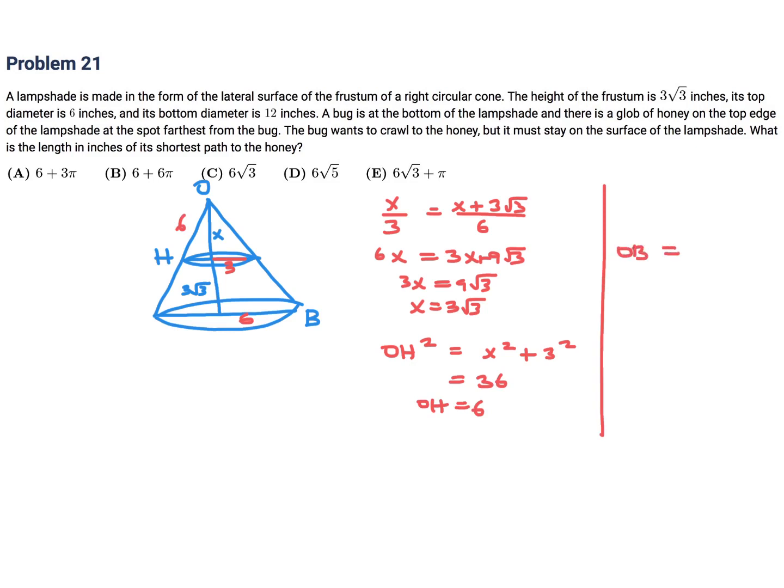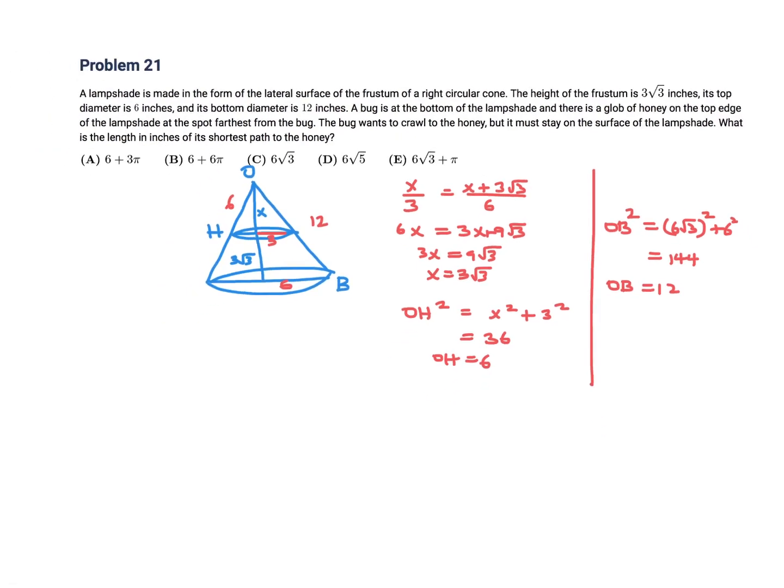That's going to be the full top to bottom, which is 3√3 plus 3√3, so 6√3, squared, plus 6 squared. So that's 36 times 3, 108, plus 36 is 144. That's OB squared, by the way, and then OB would be 12. I just wanted to get some idea of what dimensions we're working with.